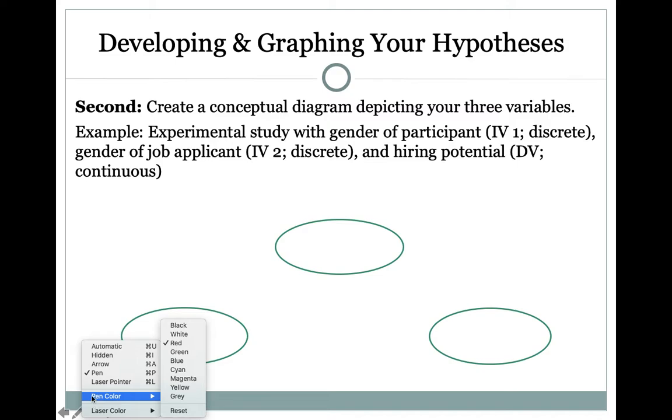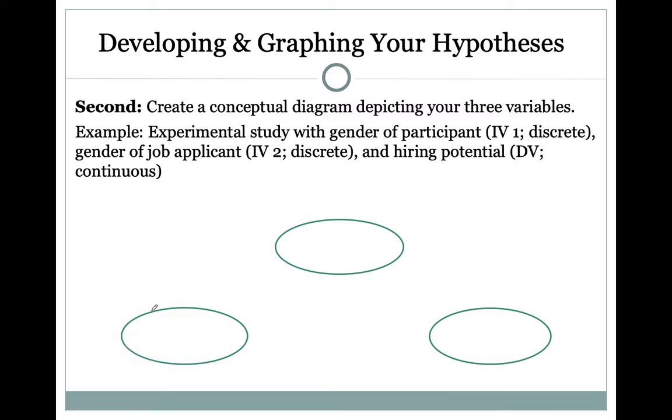If I created a conceptual diagram of this, I would have IV1, which is gender of participant, here, leading to my dependent variable, which is hiring potential. I'm just going to write hiring to save time and spare you my handwriting.